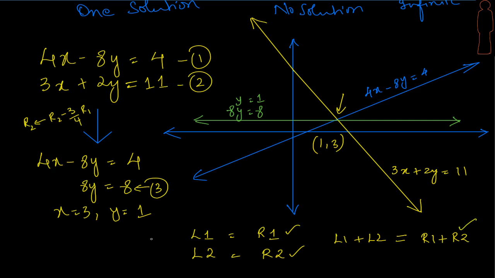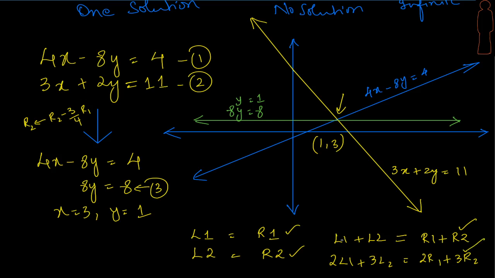Now we can extend this and say, why don't I do, for example, 2L1 plus 3L2? Well, this side is going to be 2R1 plus 3R2. We are trying to take any linear combination of the left hand side and the right hand side, and you will find that since 1, 3 satisfies L1 equal to R1 and L2 equal to R2, 2 times of that and 3 times of that will also equate to 2 times R1 and 3 times R2, and therefore the intersection point will satisfy this expression as well.